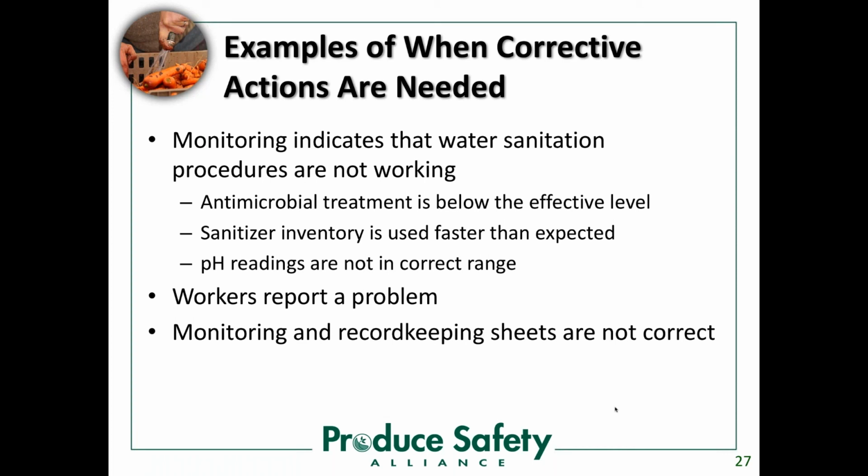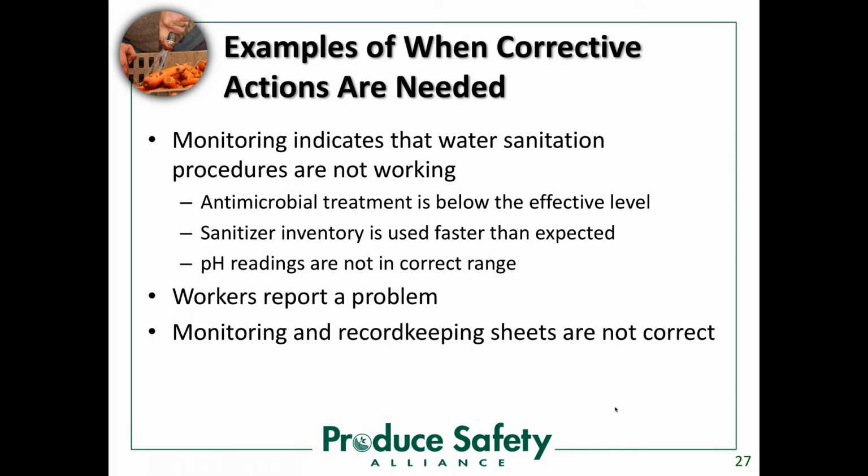Well, it tells you maybe you've got a problem with a lot of organic material in your rinse tanks. Your pH readings are off. All these things cause a need for corrective actions because you'll get out of compliance on your water quality.